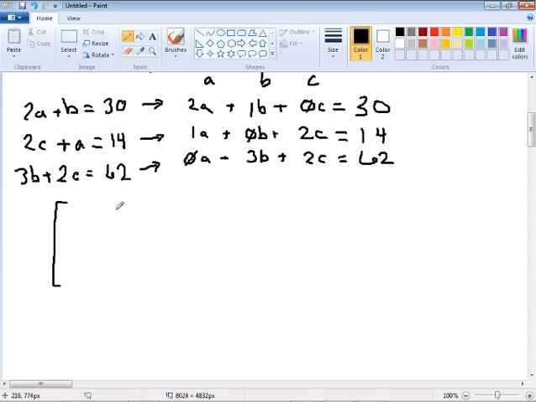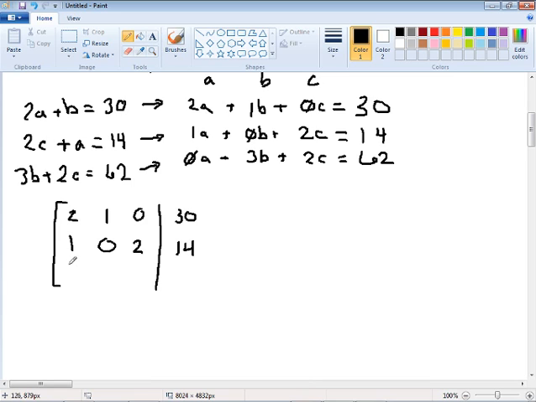I put my matrix bracket, 2, 1, 0, then I'm going to draw a straight line and put 30. The next one's going to be 1, 0, 2, 14.